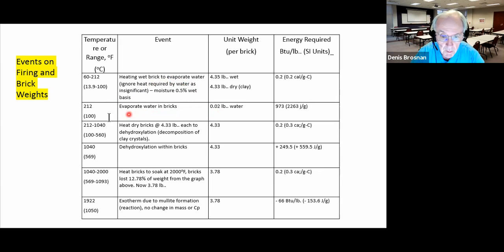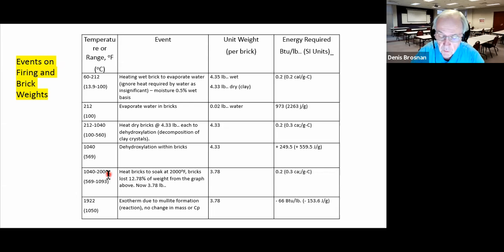Then we're going to heat up the bricks to dehydroxylation using the dry weight of the bricks, because the dehydroxylation energy is in BTUs per pound of that material. Then we're going to heat up the bricks to their maturing temperature, 2000 degrees.